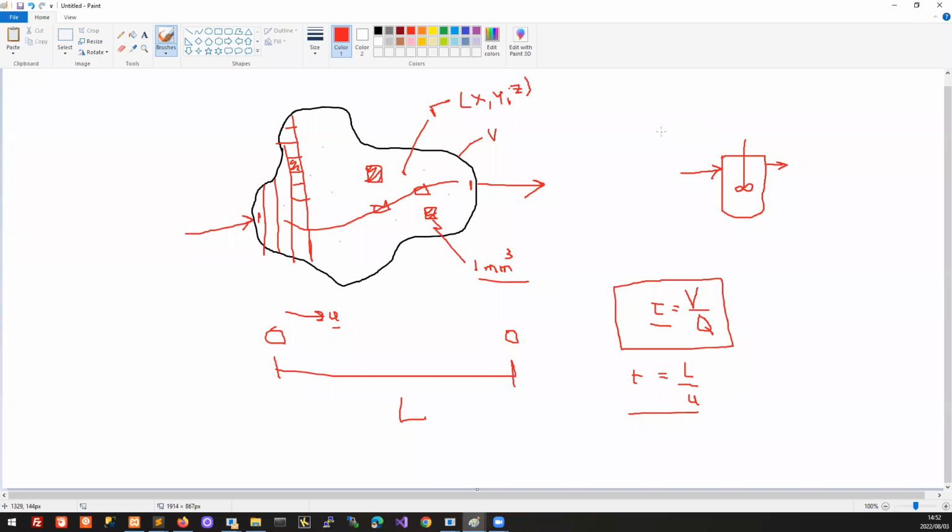In the example, say A goes to 2B. A comes in, reacts, and forms some B, so there's a mixture of A and B in here, and a mixture of A and B leaves. That can all happen steadily if the volumetric flow rate is constant and the two flows are equal.